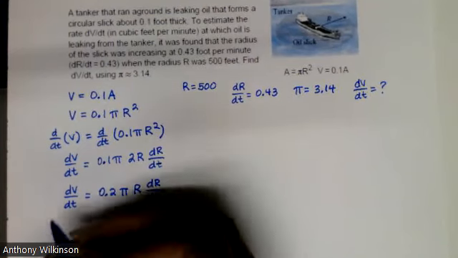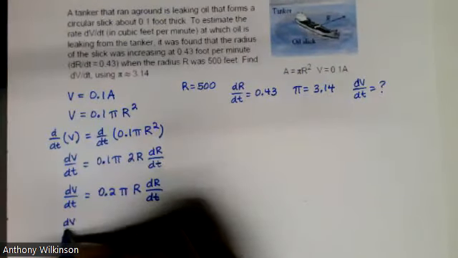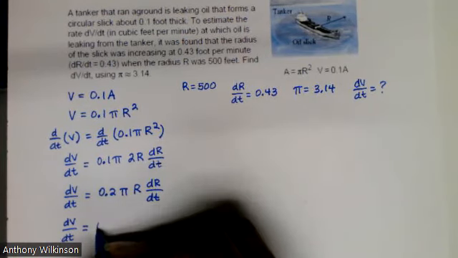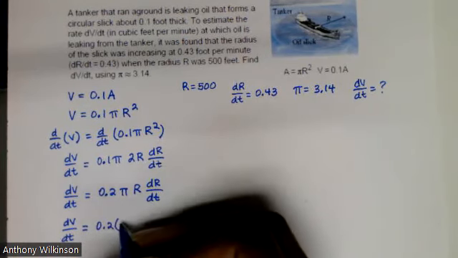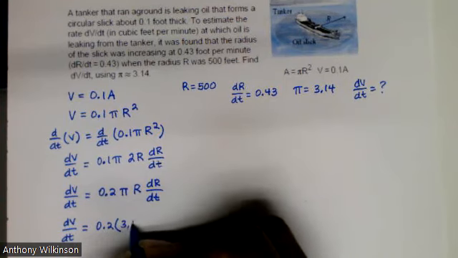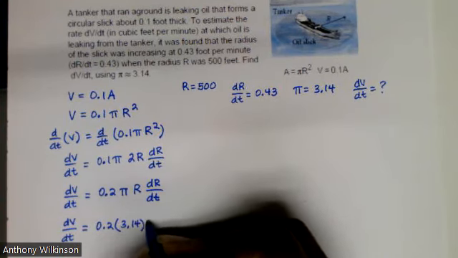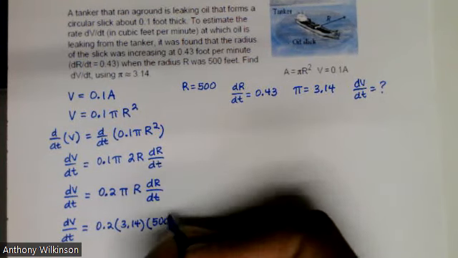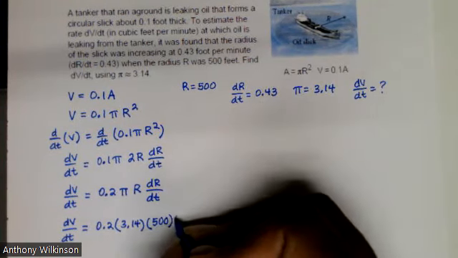Now let's do some substitution here to find out what dV/dt is. All right, 0.2. Pi is approximately 3.14, so we're using that. Times r, that's the 500. Times dr/dt, that's 0.43.